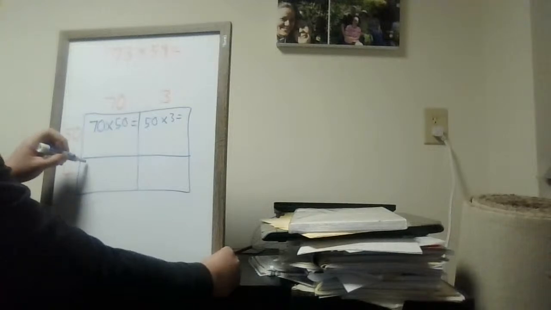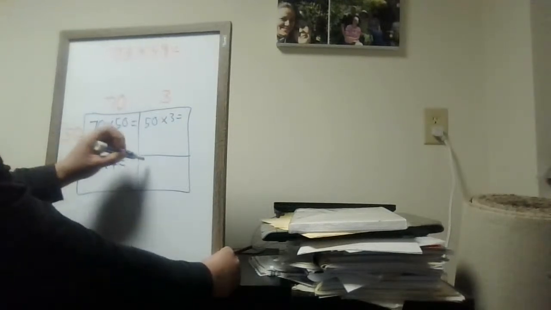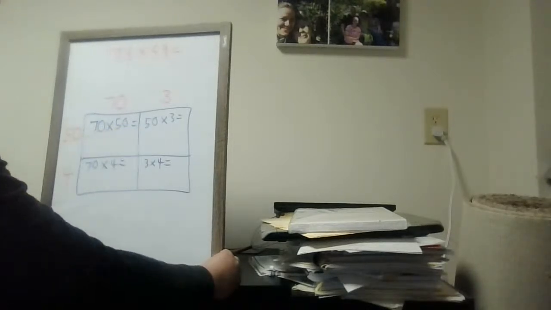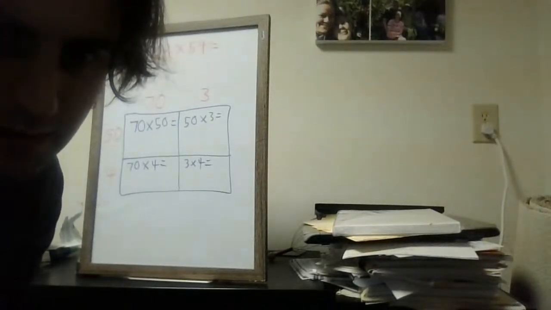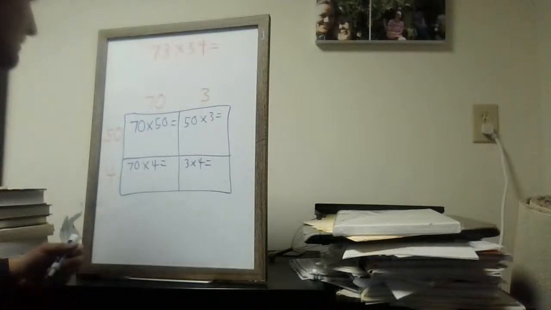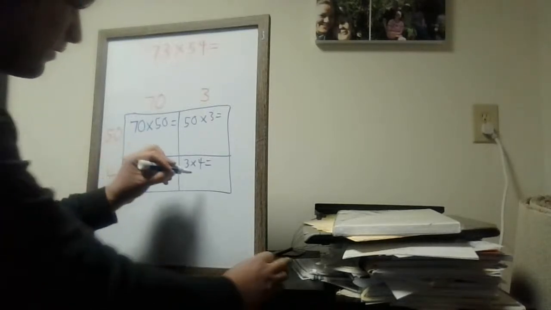Down here, 70 times 4. Down over here, 3 times 4. All right. So 3 times 4 equals 12.